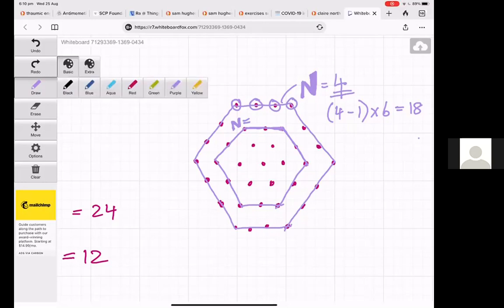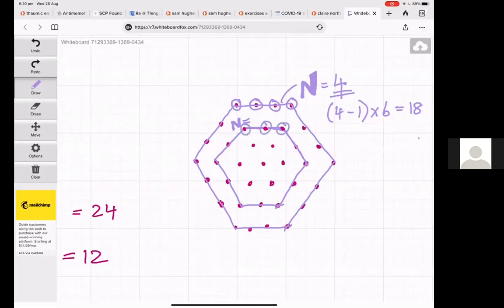How many dots are on one side? Can anyone tell me how many dots are on one side? 4. Well, 3. Wait, yeah, okay. So then what's the real value of n for this hexagon?